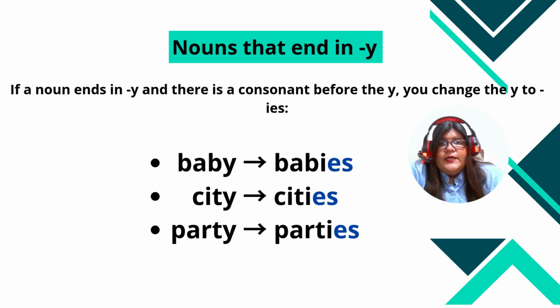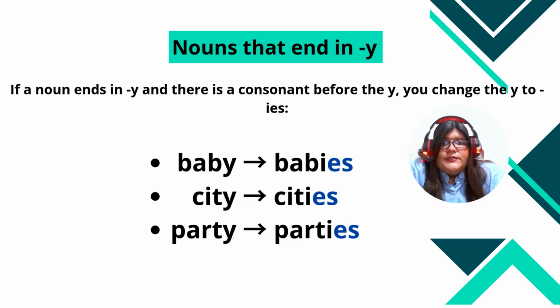If a noun ends in y and there is a consonant, do you remember the consonants? We studied them previously, two lessons before this one. If you didn't watch that video, I recommend you watch it. And of course, subscribe if you want to learn or improve your English.